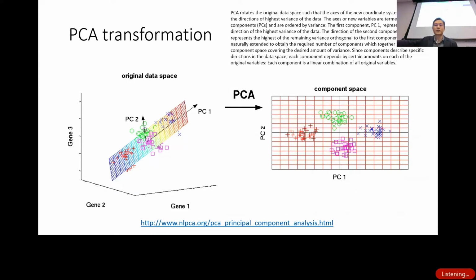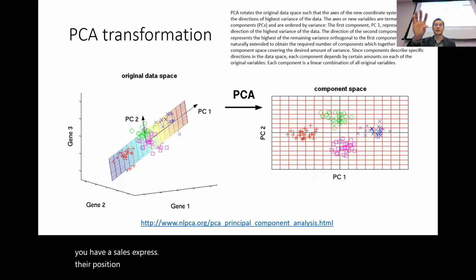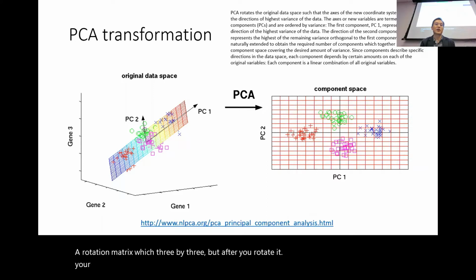Our example is 2-dimensional, but here is an example from 3 dimensions. You have cells expressing their position by 3 genes. So you have X, Y, Z, and you want to find a rotation matrix which is 3 by 3. After you rotate, you view from the new coordinate system by looking at PC.